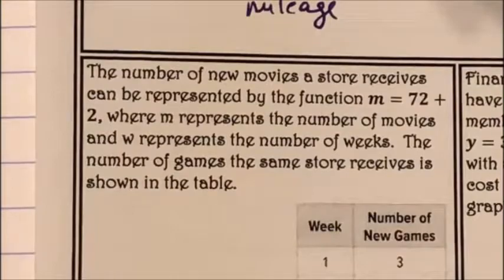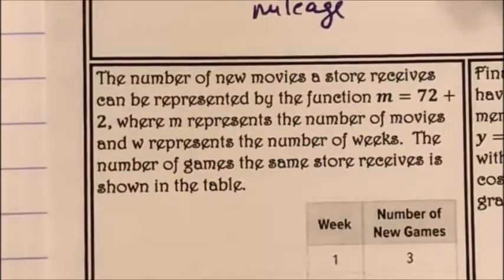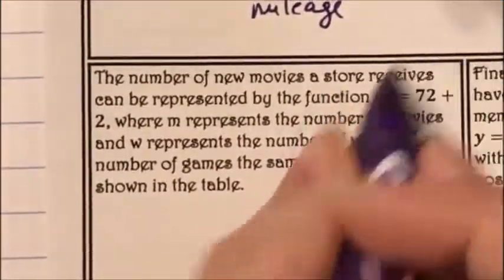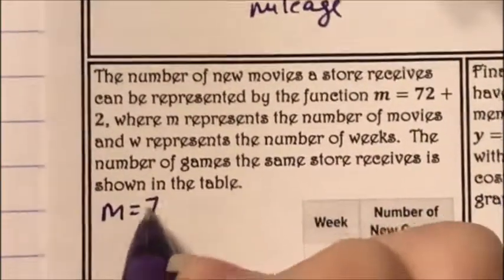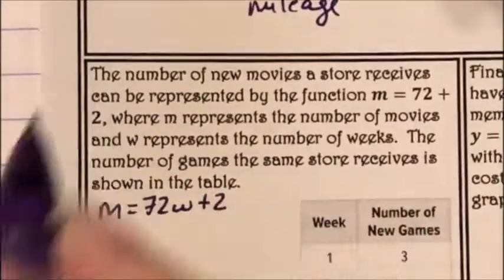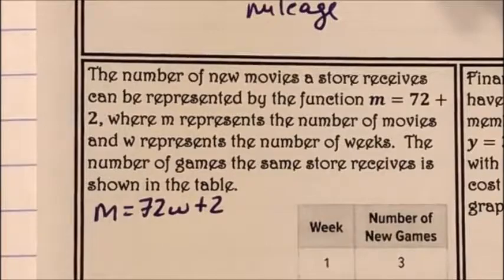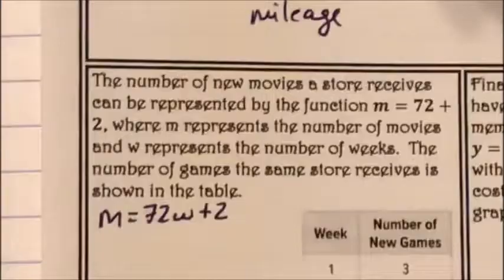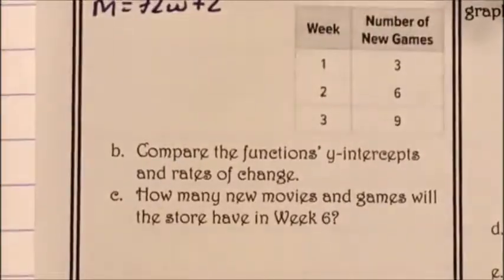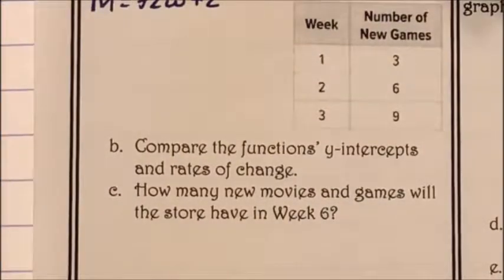This should be 7w. So the function is m equals 7w plus 2. Okay. All right. So now letter B says compare the functions' y-intercepts and rates of change.